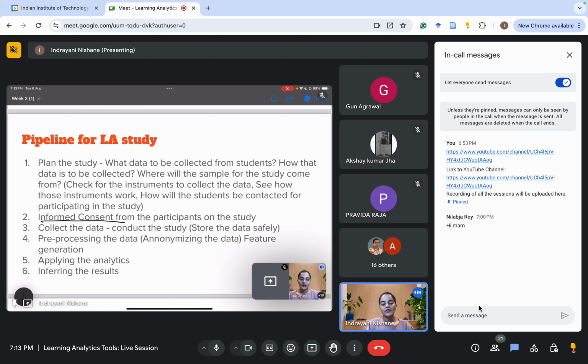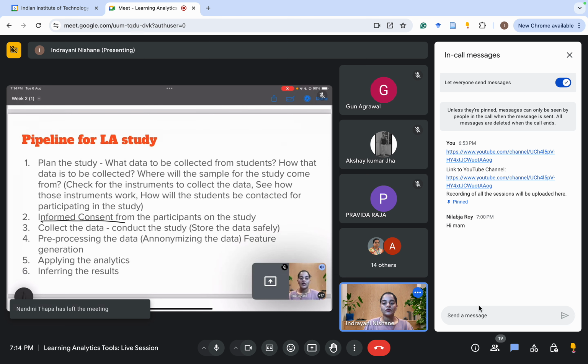So we need to inform them also what type of data we are collecting, whether we are collecting only log data or log data along with some surveys or some other information we will be asking. We need to disclose all the data collection methods to the parents and to the participants. As and when applicable, when adult participants are there, we can directly inform them, but when there are minor students participating in our study, then we need to inform their parents accordingly.